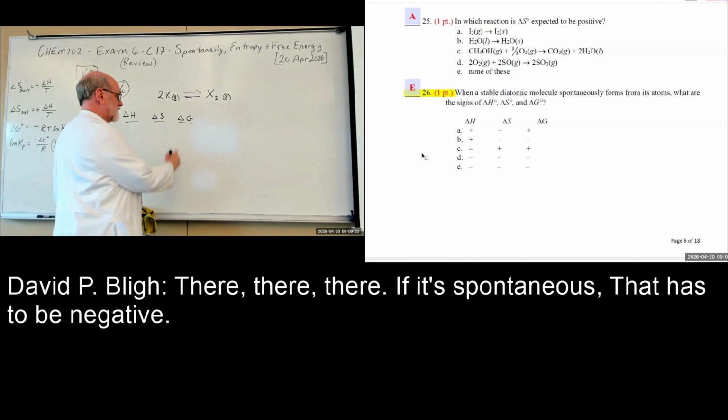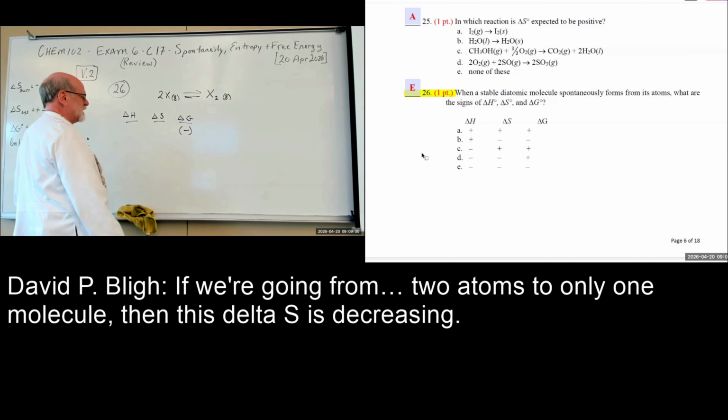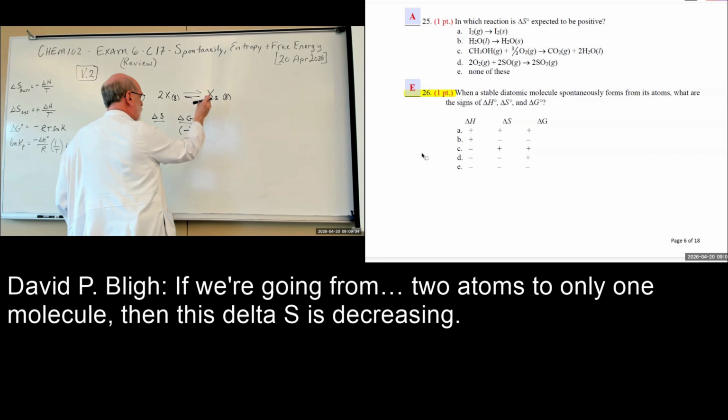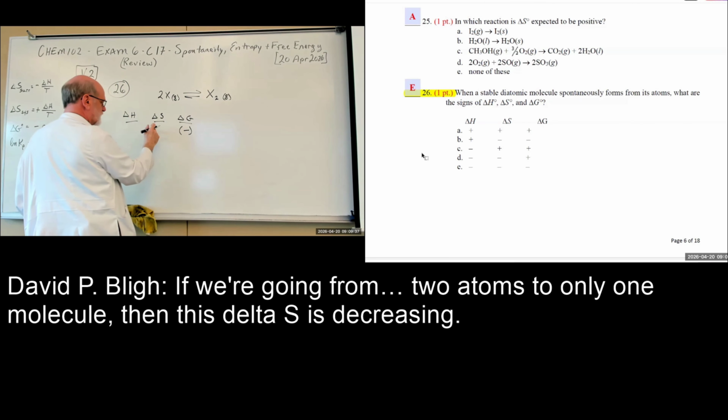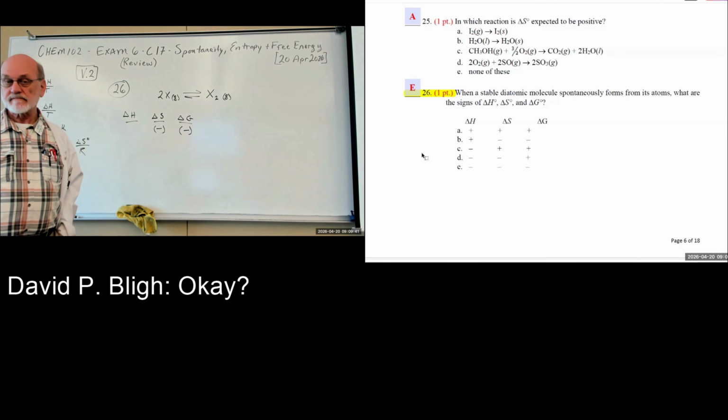If it's spontaneous, that has to be negative. Okay. If we're going from two atoms to only one molecule, then this delta S is decreasing. Right?